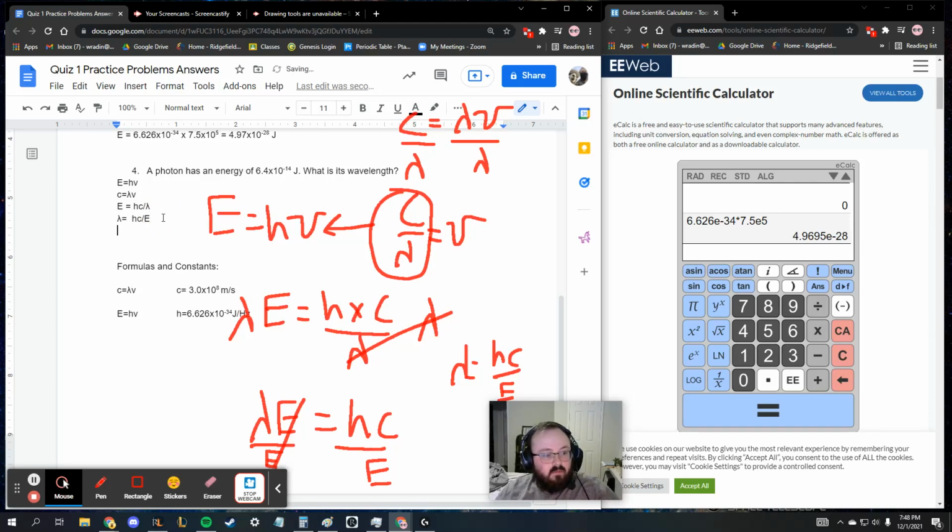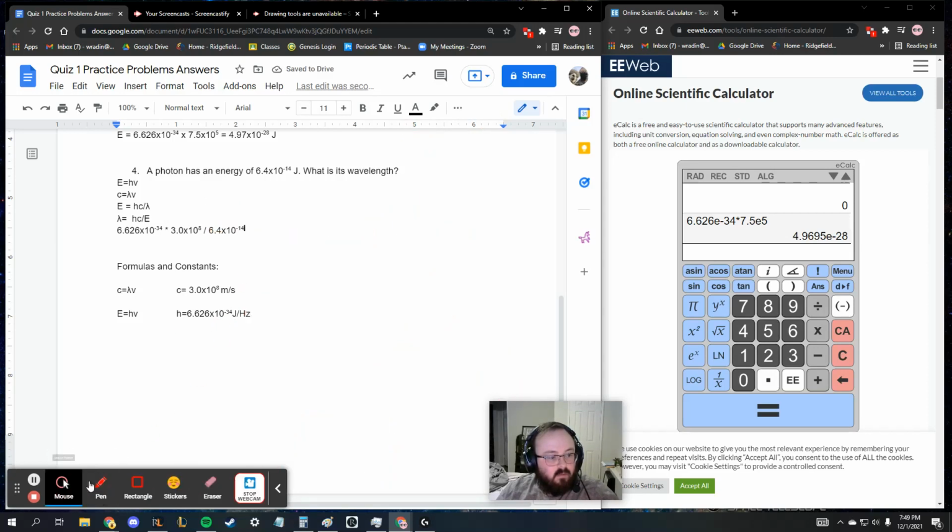Then we get 6.626 times 10 to the negative 34, times, I should use the asterisk, times 3.0 times 10 to the 8th, all of that divided by 6.4 times 10 to the negative 14th, all in parentheses, just to make things a little bit simpler.